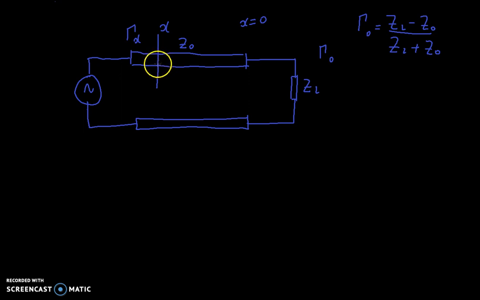So before doing that, let us define a formula, an equation for the actual voltage along this transmission line. So usually I like to write this equation as follows. The voltage V on the transmission line will be equal to the voltage V plus, which is the voltage going in that direction.